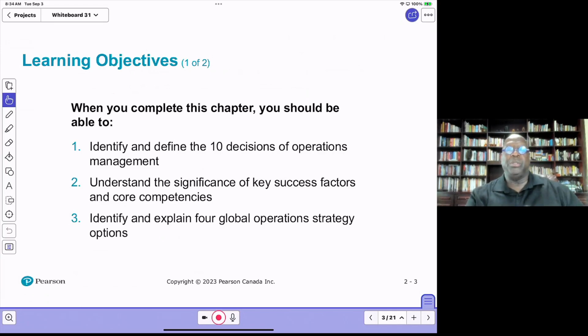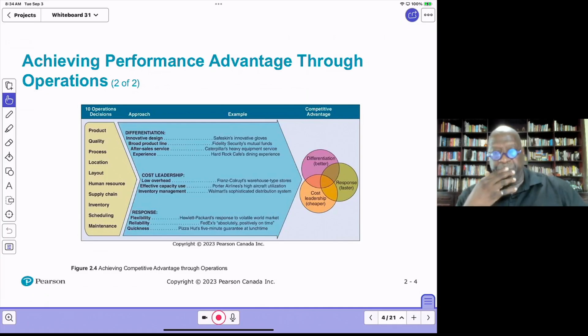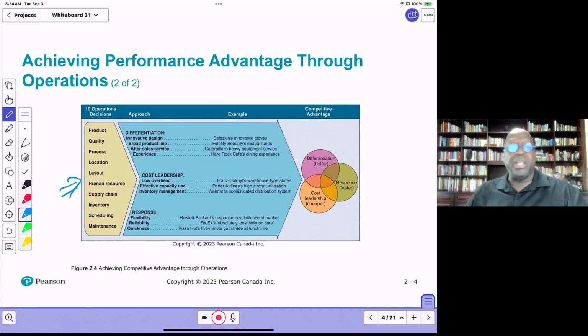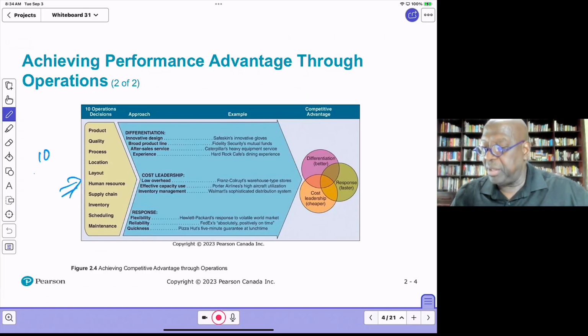All right? So, and then of course we want to explain these 4 global strategy options that we talked about in the last section. So, achieving a performance advantage for operations, just to give you a sense of where the focus ought to be. If you look at this particular diagram over here, these are the 10 decision areas of OM, all right?